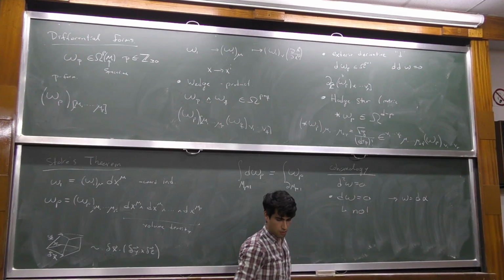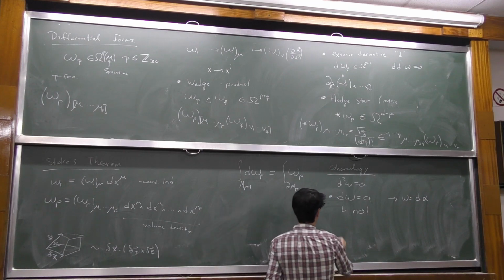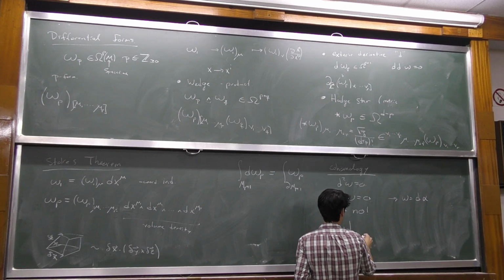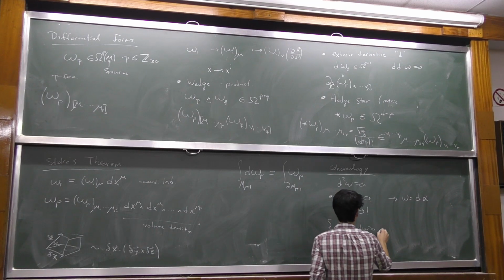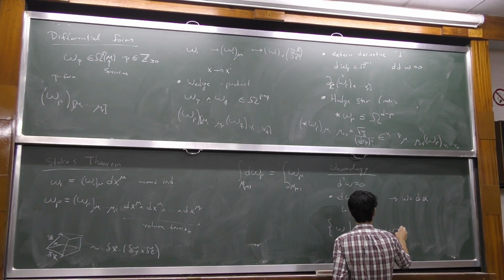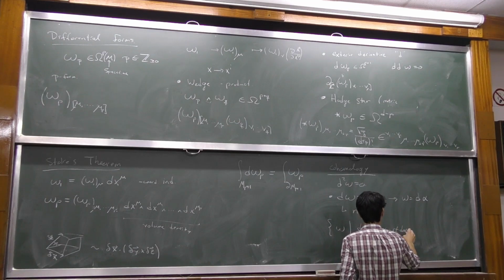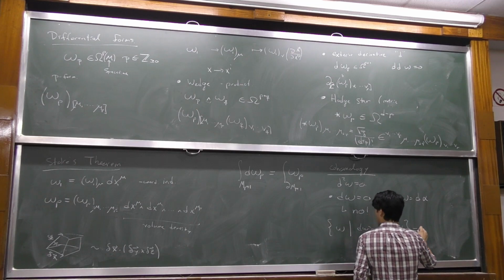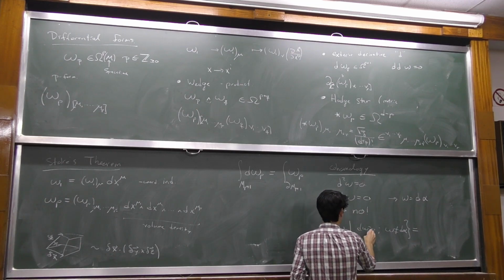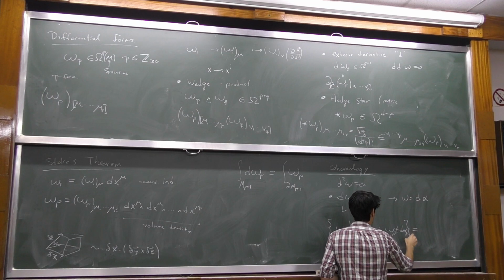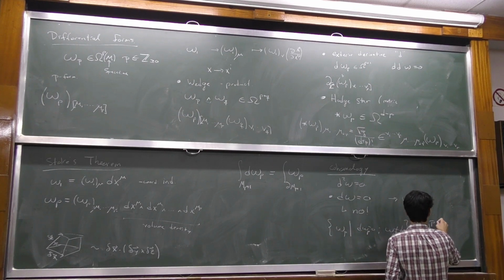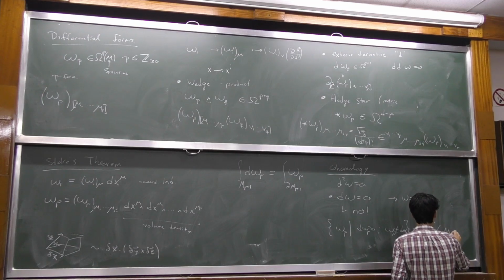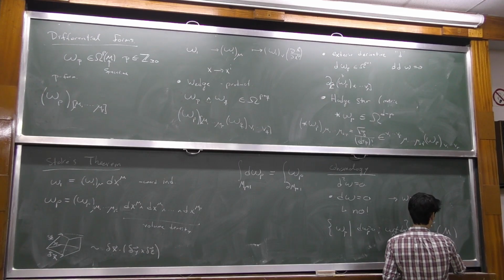And so essentially the set of all omega such that d omega is equal to 0, and omega is not the derivative of something else, is called the p cohomology group of the manifold.